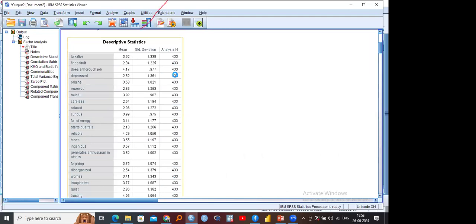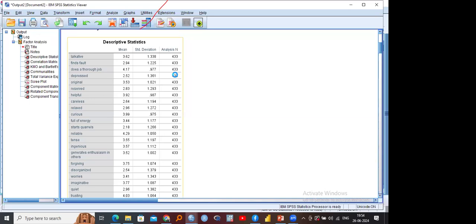Because there may be some observations which may be missing for some variables. So what it does, it only performs the analysis on those variables which are complete, on those which are non-missing.